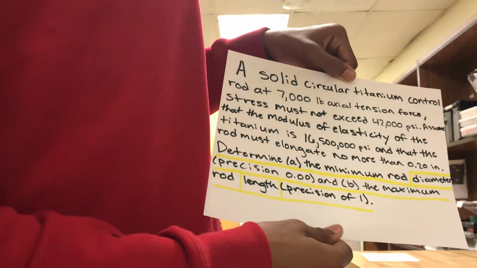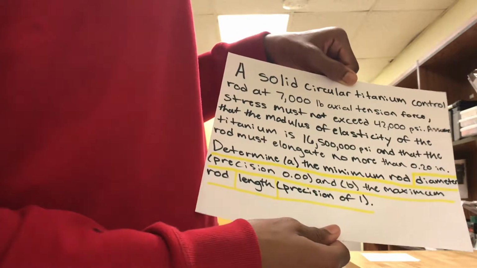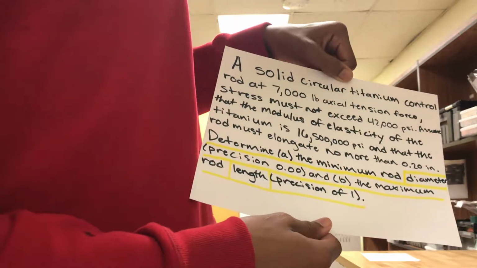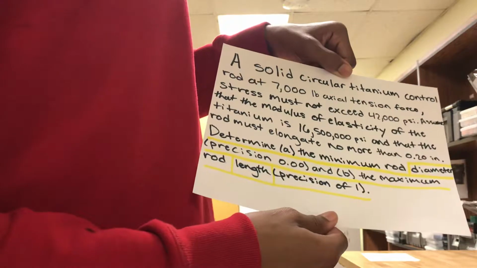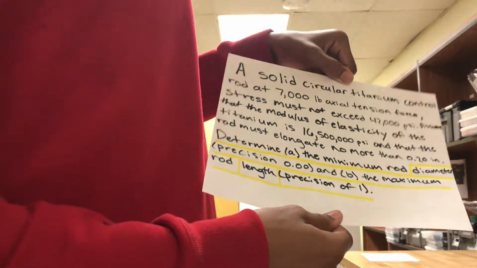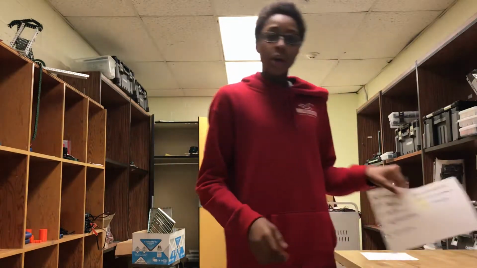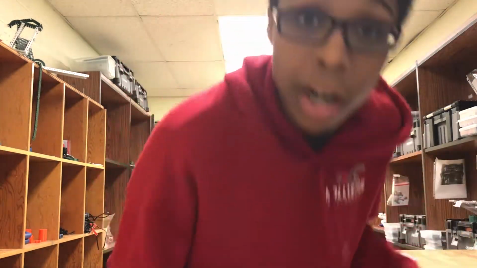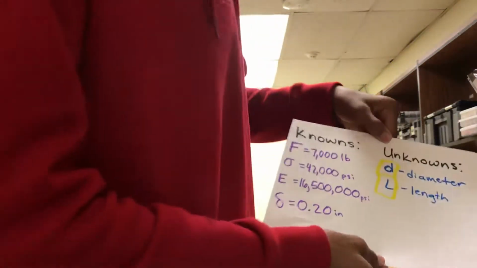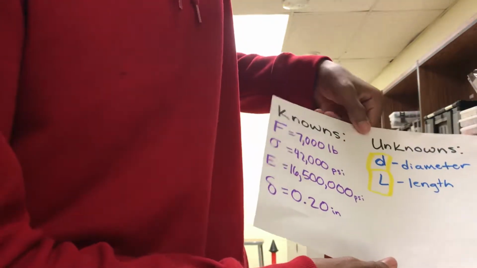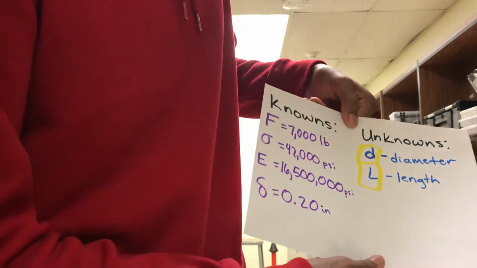Determine A, the minimum rod diameter to a precision of 0.00, and B, the maximum rod length to a precision of 1. Now, first, we must state our knowns and our unknowns. Our knowns, as you can see here: our force is given, 7,000 pounds.